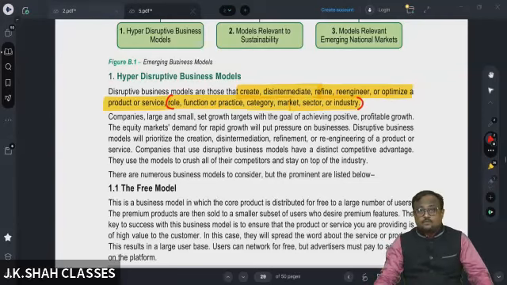Like if I take a simple example of Uber. Uber was introduced in India and Uber and Ola have created a revolution in India in terms of taxi services, cab services. Earlier, we used to go down to a nearby place and book a cab.